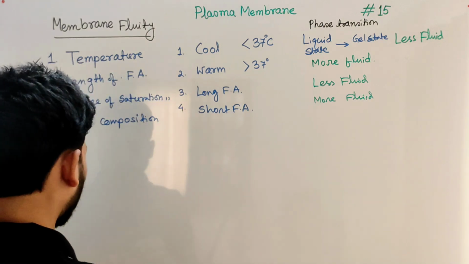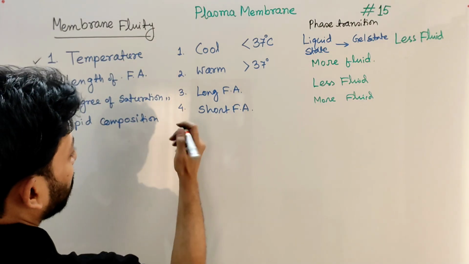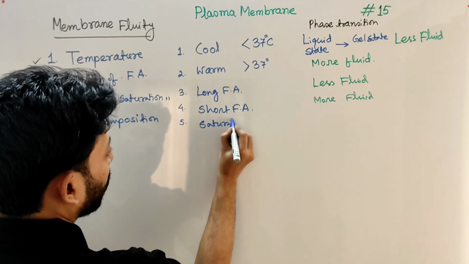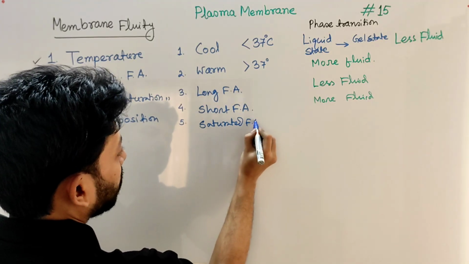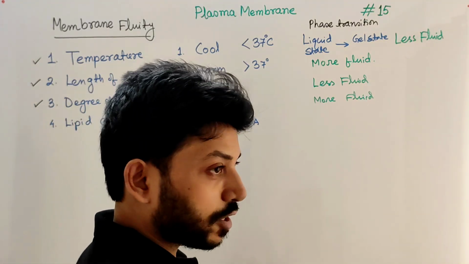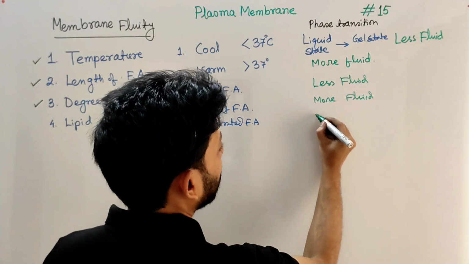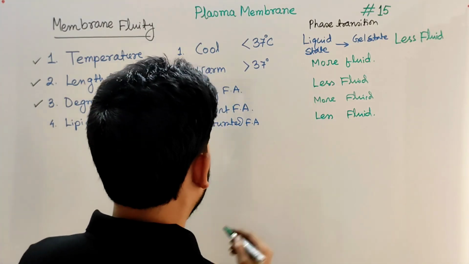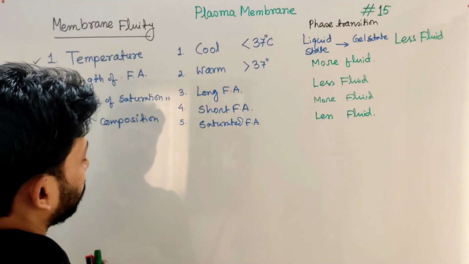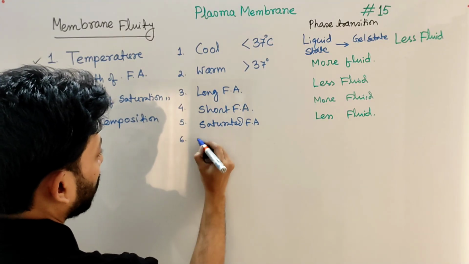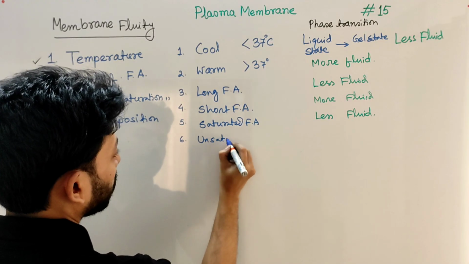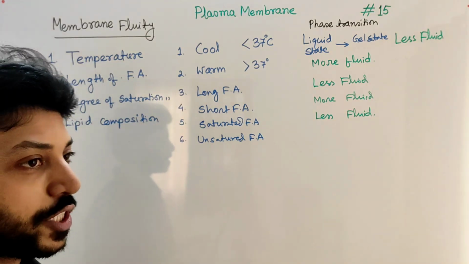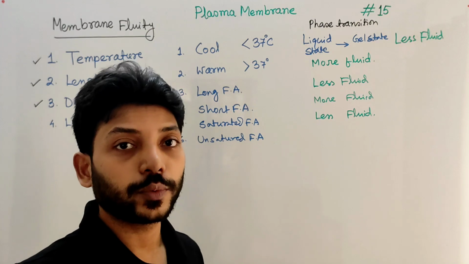Another point we have covered, the fifth, is that saturated fatty acids make stable van der Waals interactions that will make it less fluid, and unsaturated fatty acids, and also degree of saturation, meaning how many carbon-carbon double bonds are present.